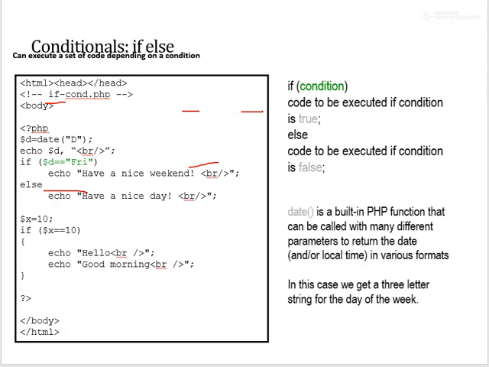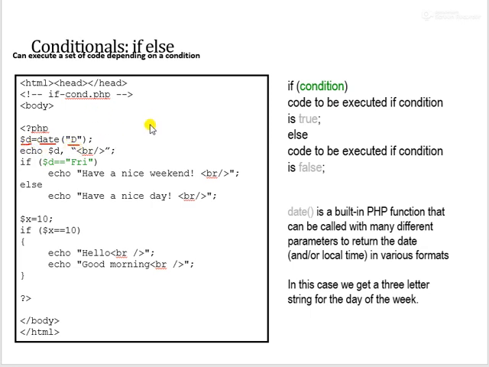Okay, here we have another example of if else. In this example a variable d is assigned a date. Date is a function which returns the current date, and here what we want to assign to d is only the day from the date function.